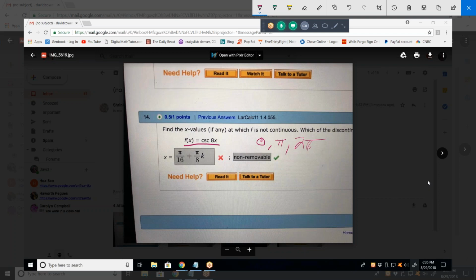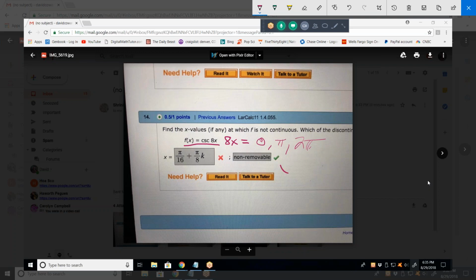Exactly. Now 8x has to be those. The period is 2 pi over 8, which would be pi over 4. It's 8x that can't be equal to 0, pi, 2 pi, 3 pi, 4 pi, 5 pi, and so forth.